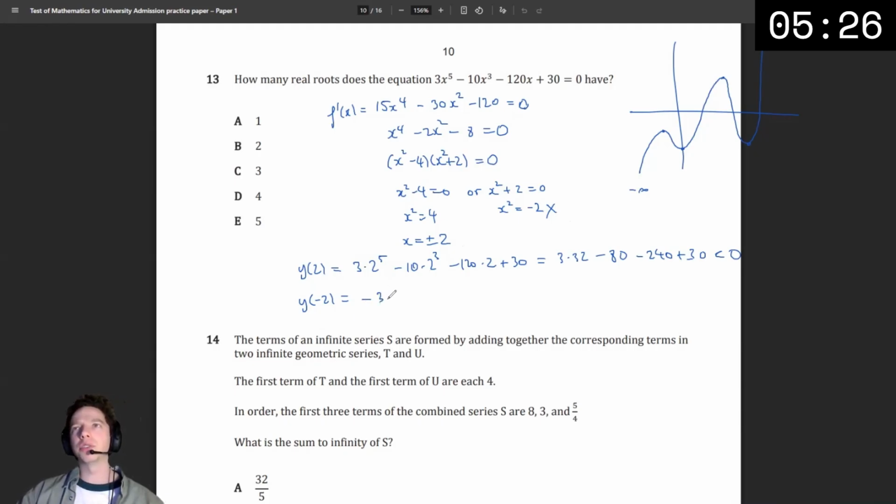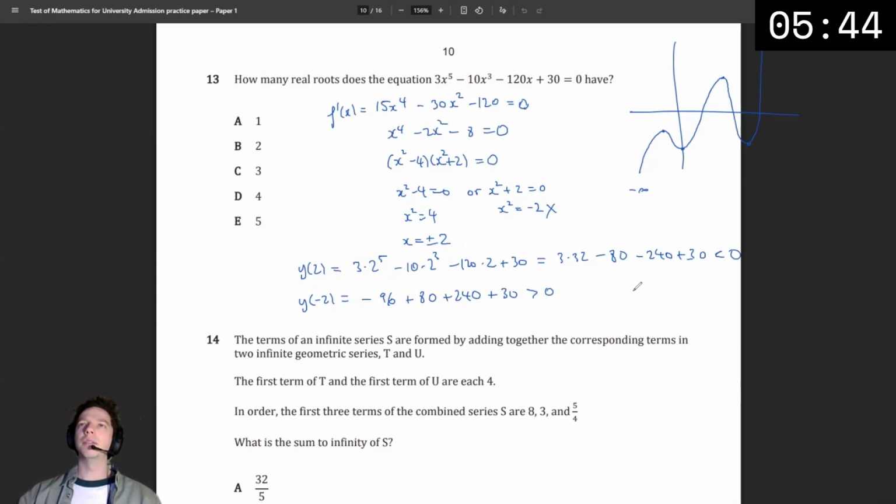So it'll be like minus 3 times 32, which, by the way, is 96. Minus 96 plus 80 plus 240 plus 30. That one doesn't change, the constant term. But that's clearly positive.